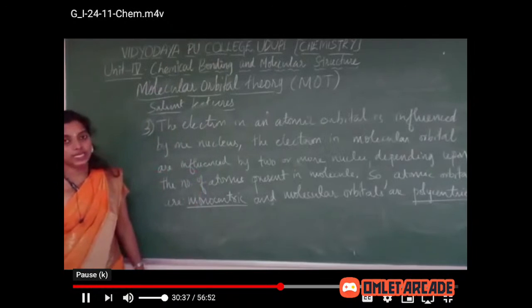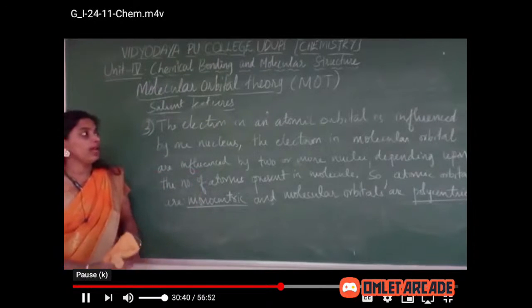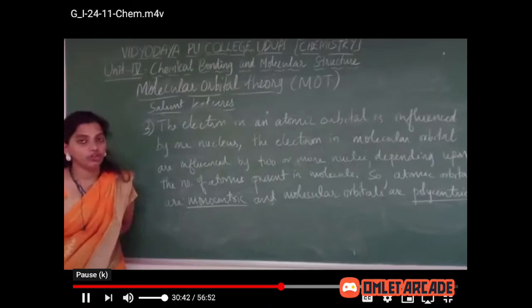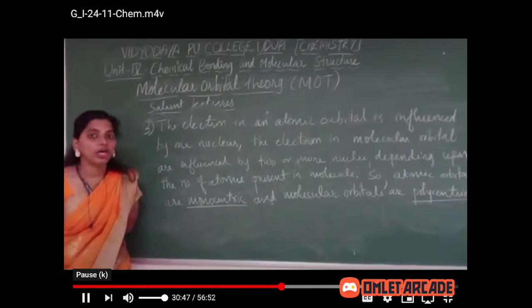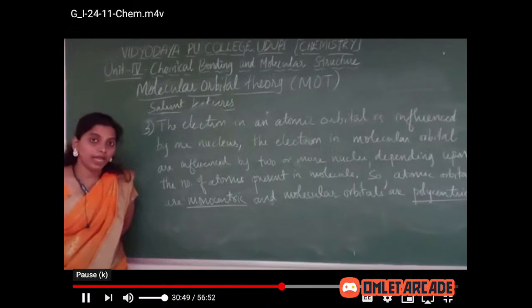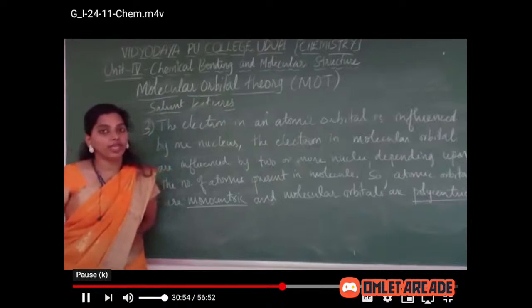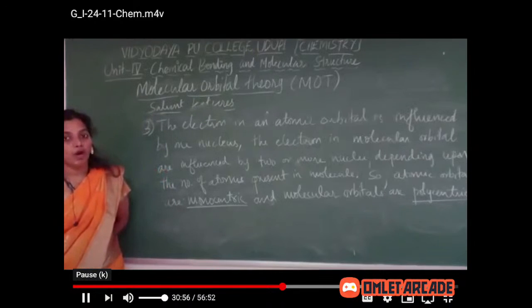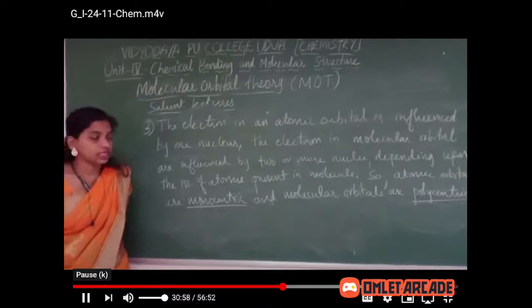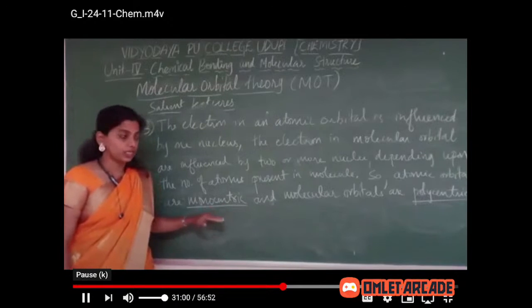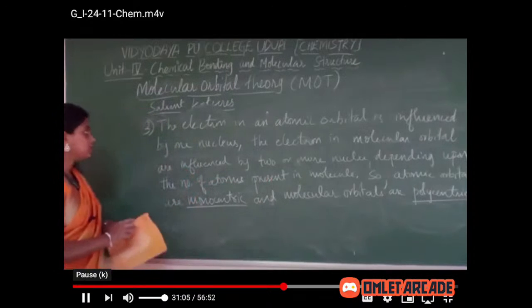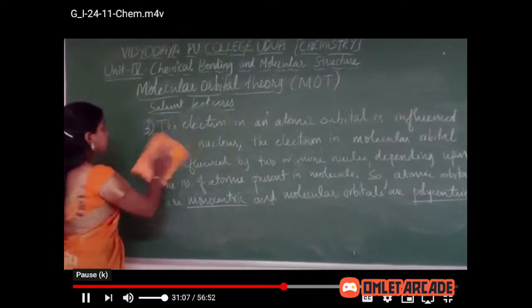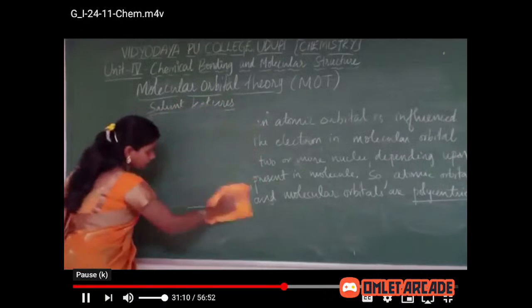The electron in the atomic orbital is influenced by one nucleus, whereas the electron in the molecular orbital is influenced by two or more nuclei, depending upon the number of atoms present in the molecule. Because of that, atomic orbital is monocentric and molecular orbital is polycentric. This is the third salient feature. Next, fourth one.